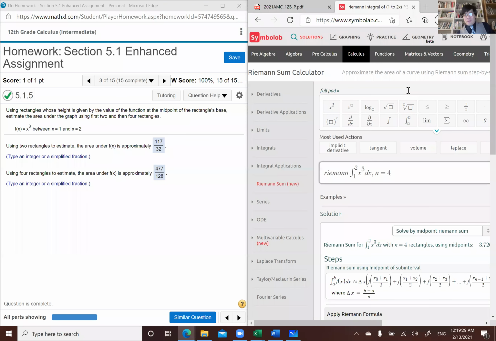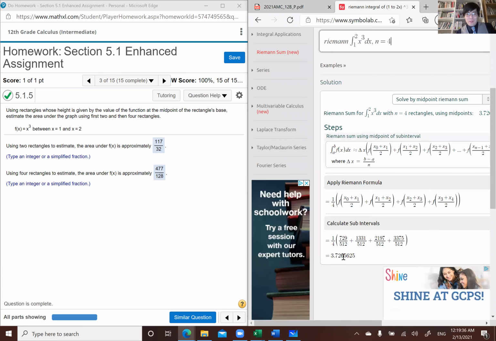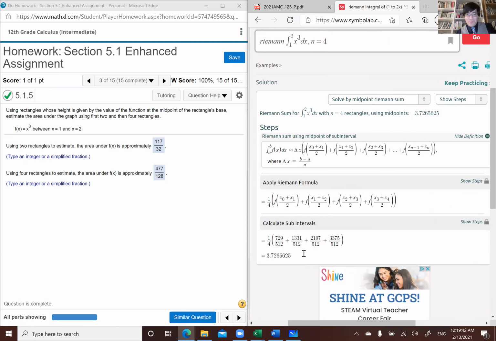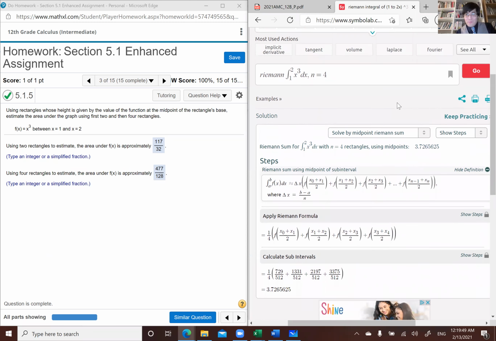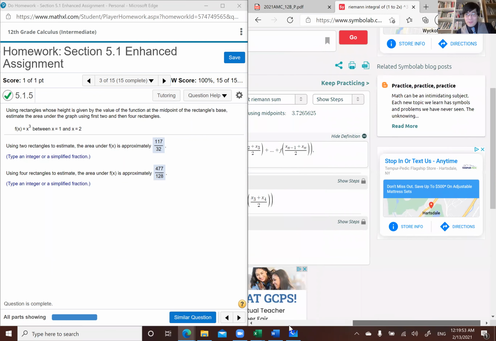Okay, and it's already using a midpoint Riemann sum, which is, well, this is quite bad. Can we change to fractions? I don't know. Let's see. Can we convert it to fractions?